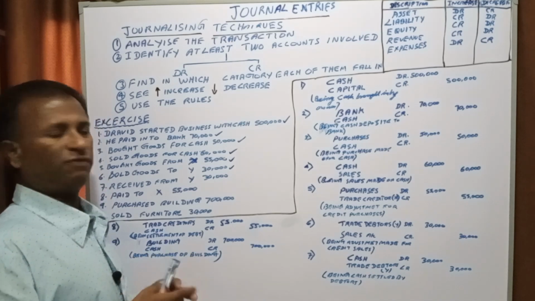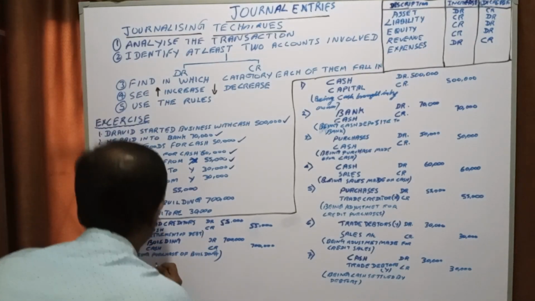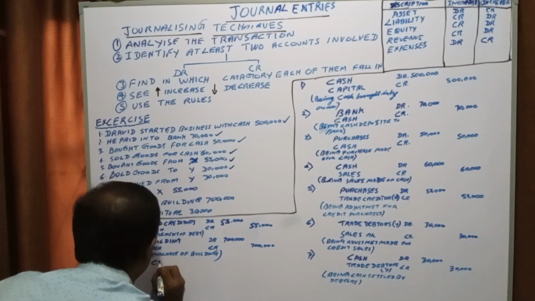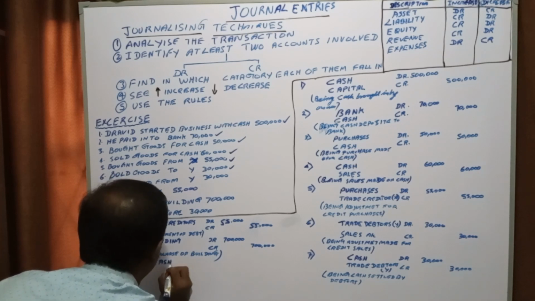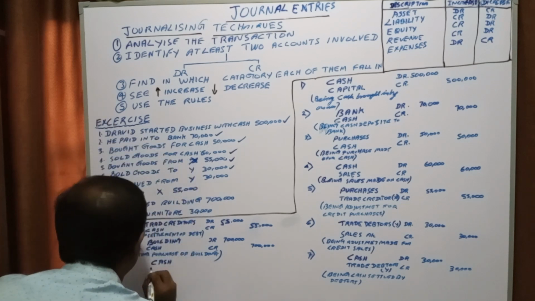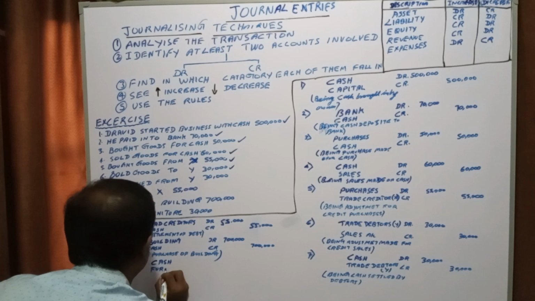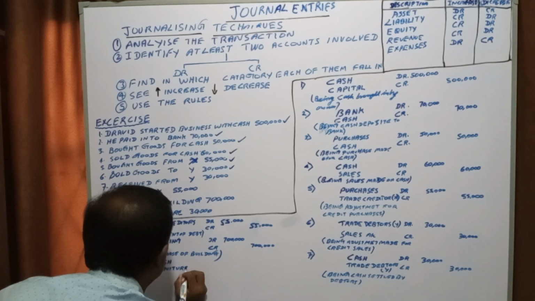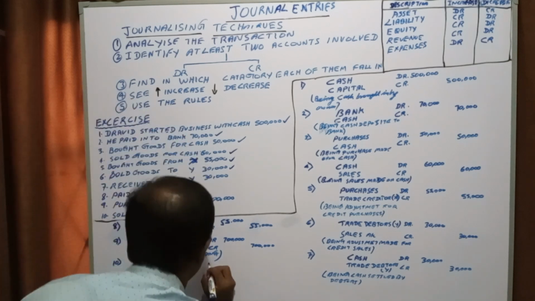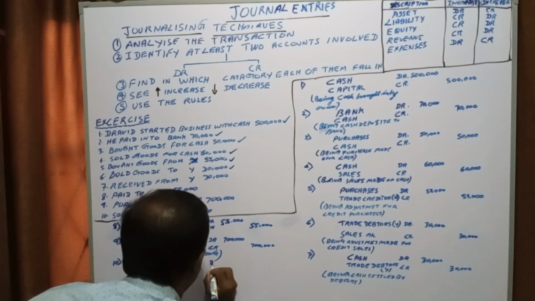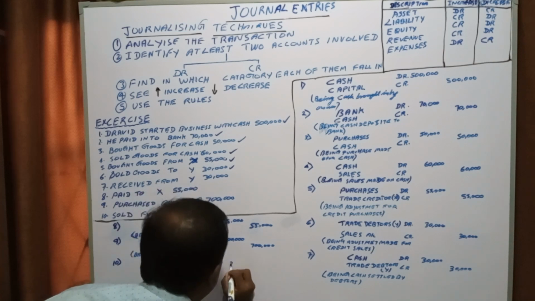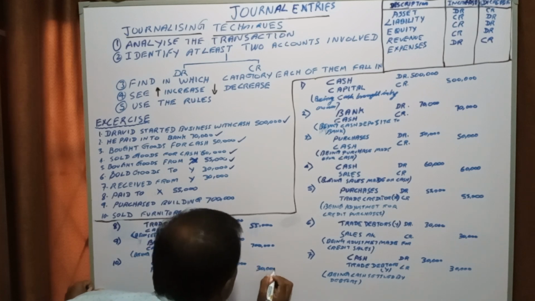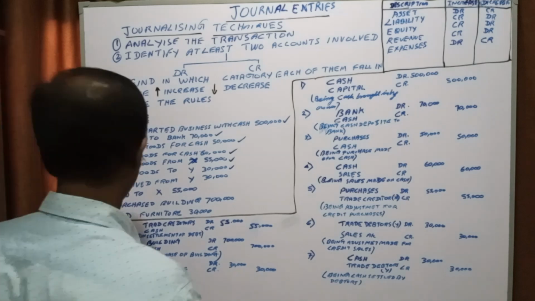Cash account and furniture account. Cash account debited, furniture account credited by 30,000. Right? Being disposal of furniture.